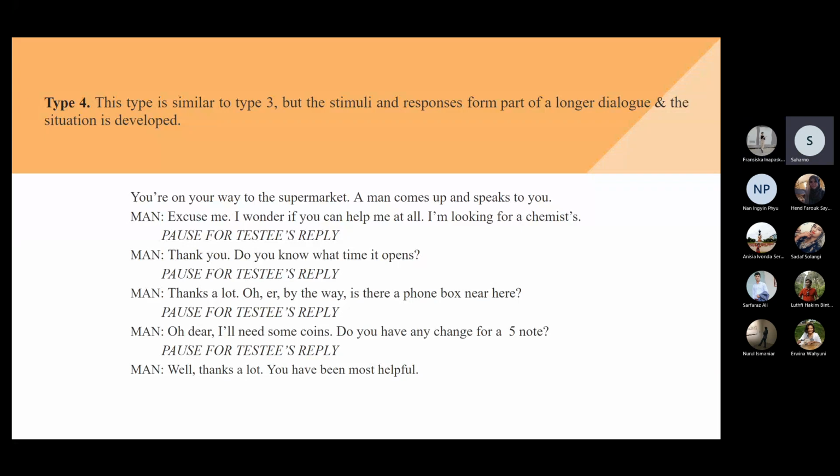In the second line of the dialogue, the man immediately thanks him or her and then asks what time it opens. However, this use of pre-recorded material allows the use of language to test large numbers of students in a very short time. So yeah, let's take a look at the next type.